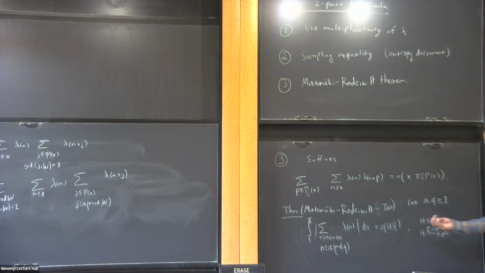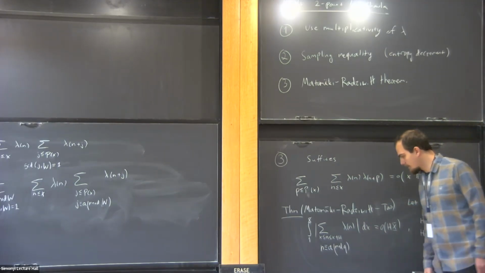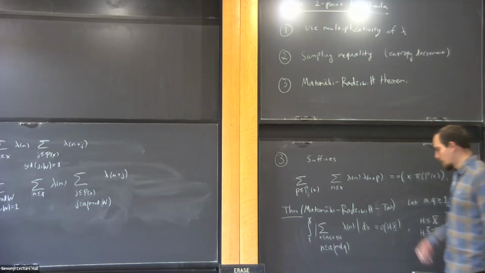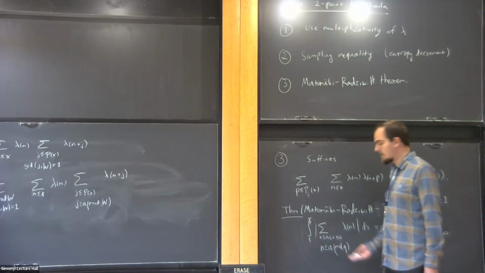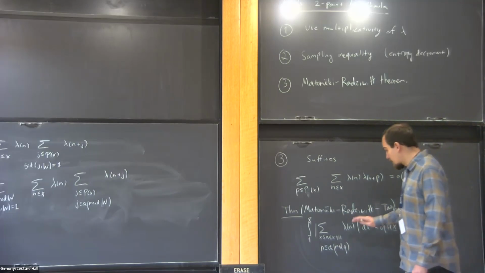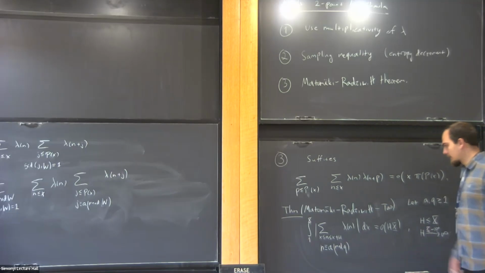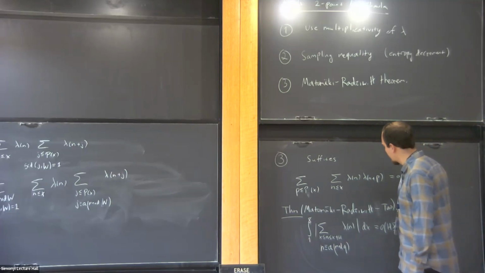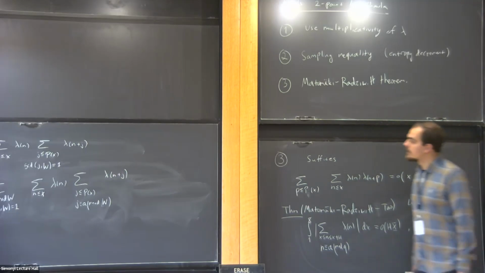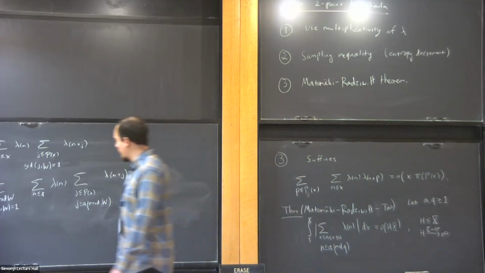You can look at short sums of Liouville in a congruence class a modulo q. You fix some a and q, and you have the same property that almost all of these sums are small. And the proof is almost the same as the original Matomäki-Radziwiłł. Okay, and this we can directly apply here.